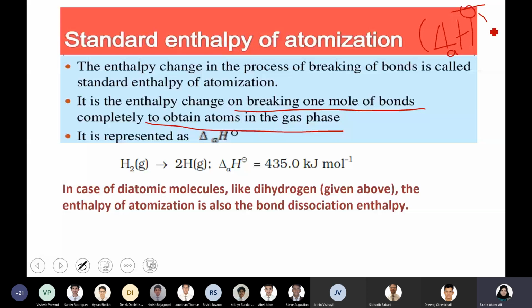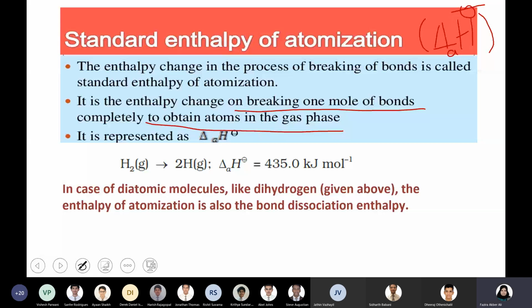Delta H standard a is the symbol for enthalpy of atomization. Where you take 1 mole of any bond and break it completely into atoms in the gaseous state, that process is atomization, and the energy change associated with it is the enthalpy of atomization.